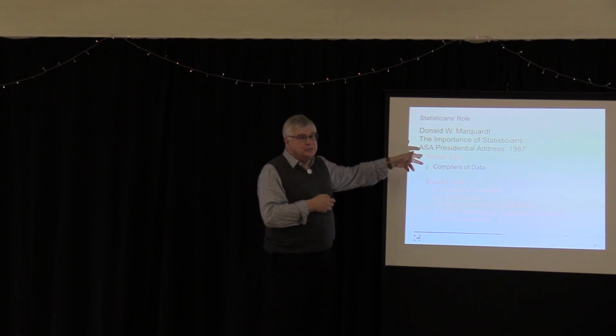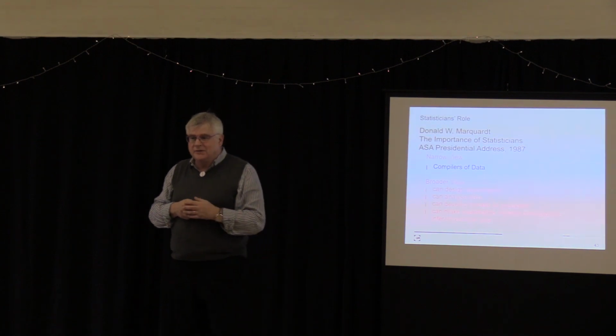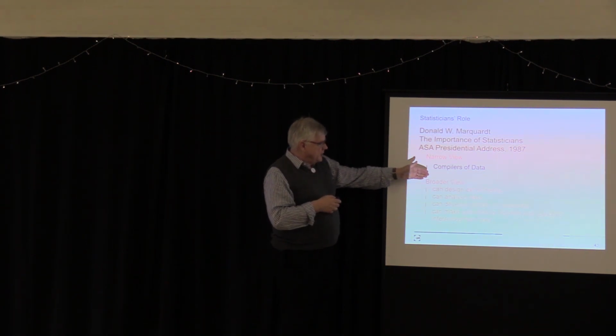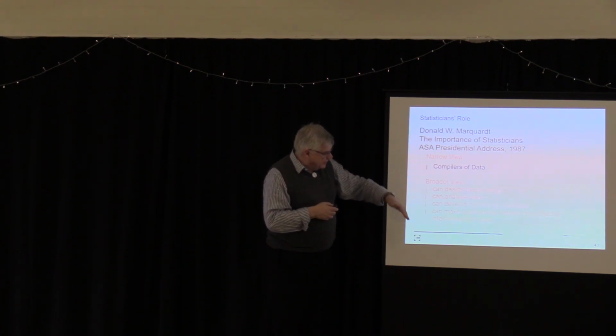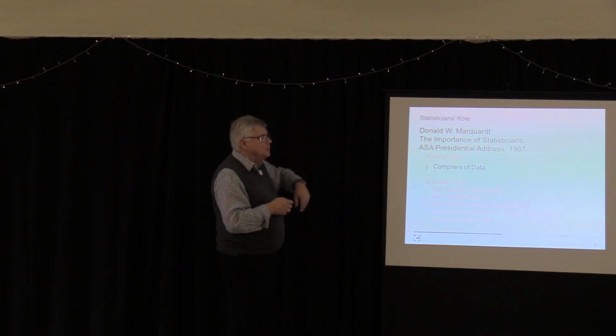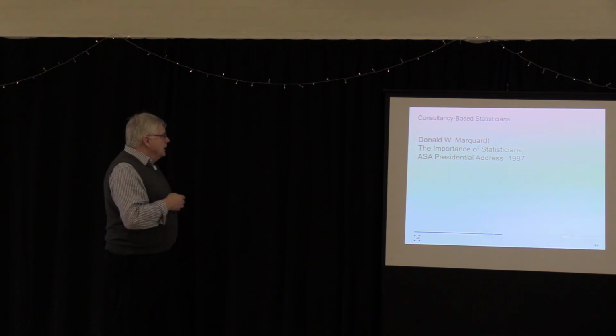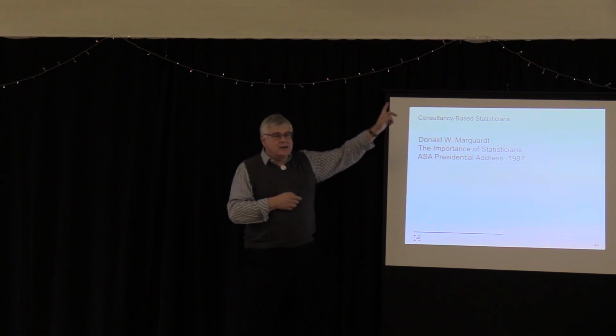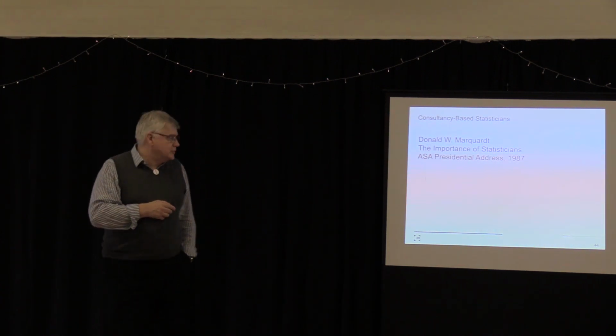There was a narrow view in which statisticians were compilers of data, and a broader view in which we could design experiments, analyze data, develop models of prediction, and so on. And then he said the broadest view is that we should be consultancy-based statisticians.